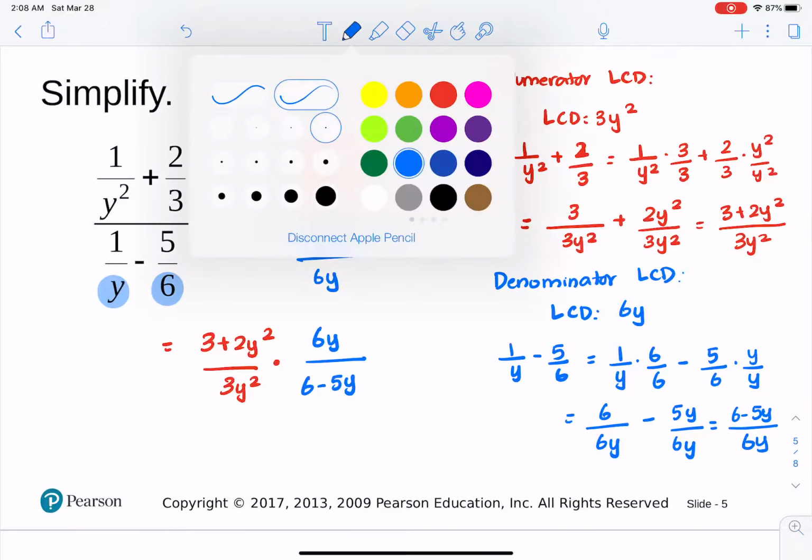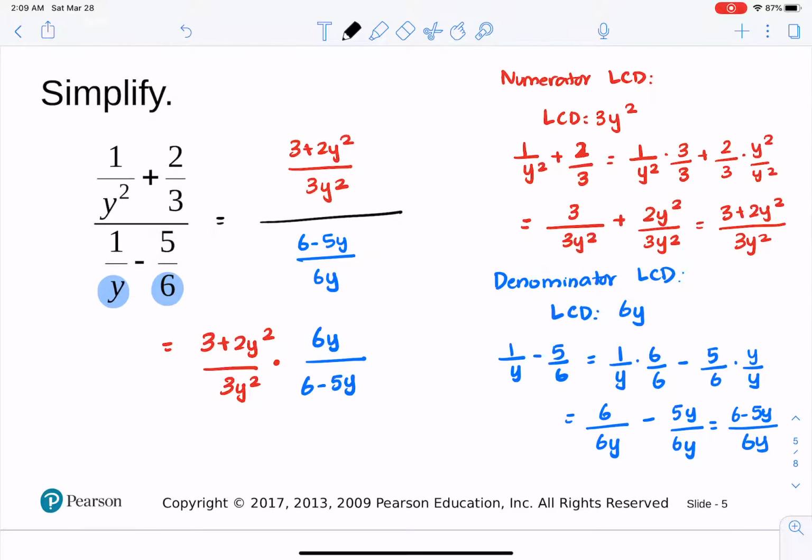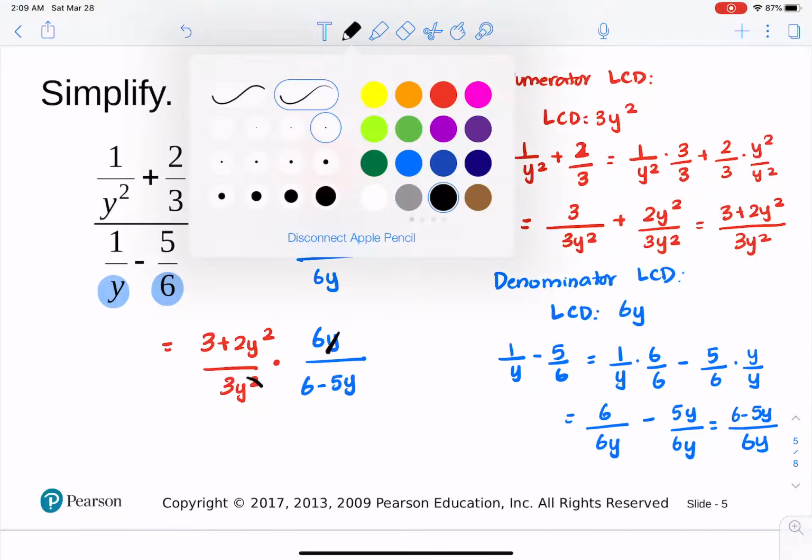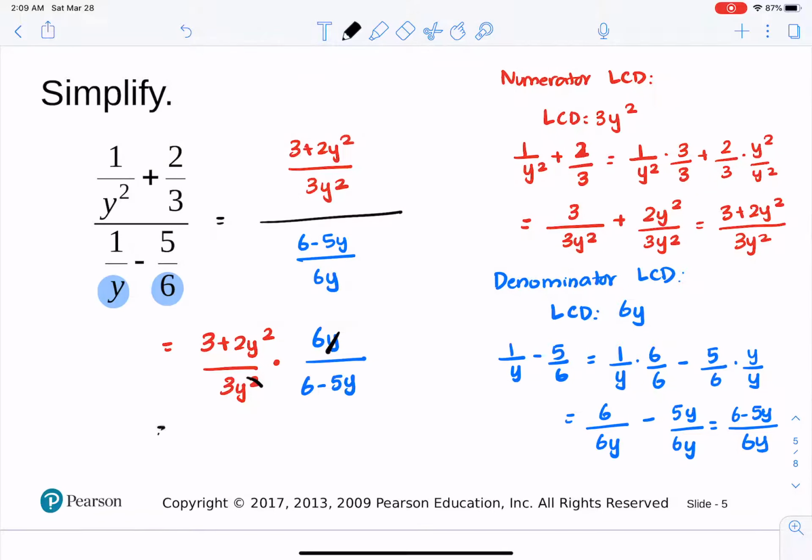I see a y squared and a y, so I'm going to cancel a y, and that would leave me with an answer of 3 plus 2y squared times 6 divided by 3 times 6 minus 5y.